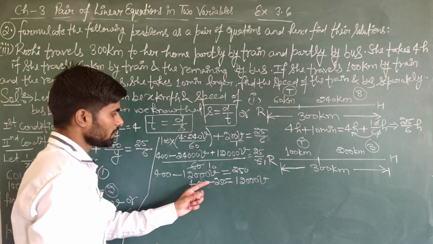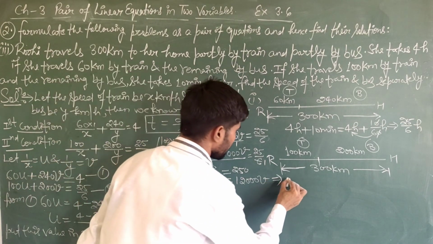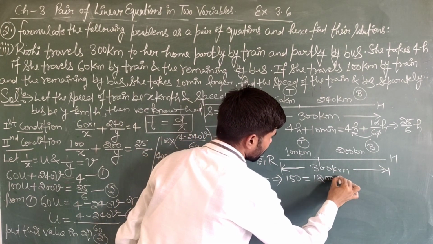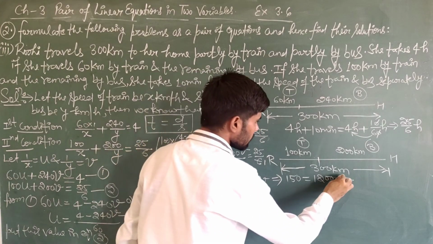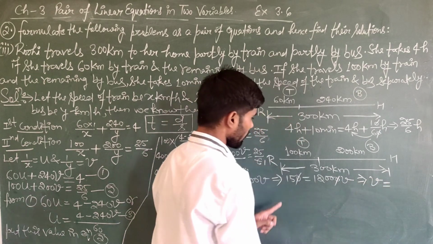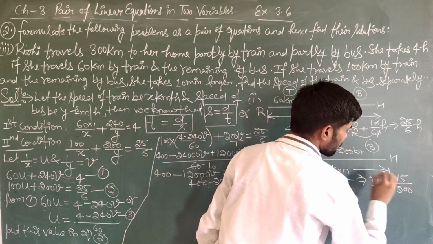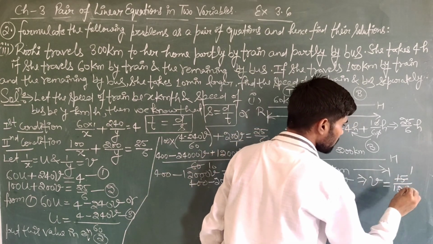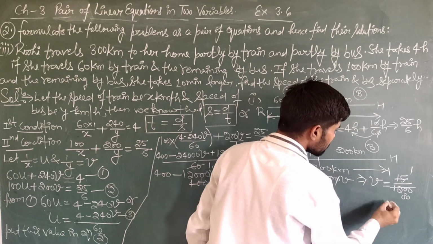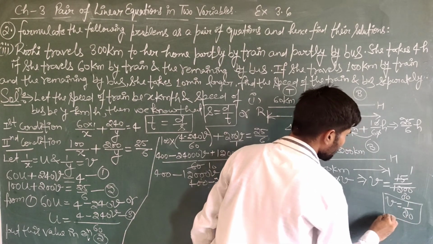If we minus 250 from 400, this will be 150. 150 is equal to 12,000v. We can cancel 0 by this 0, means v is equal to 15 upon 1200. We can cancel 15 1s are 15 and 15 8s are 120, 0 will be same, means v is equal to 1 upon 80. v is equal to 1 upon 80.